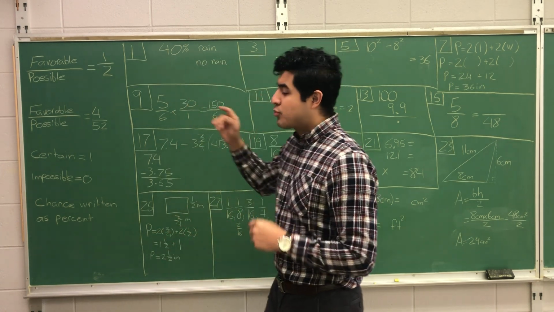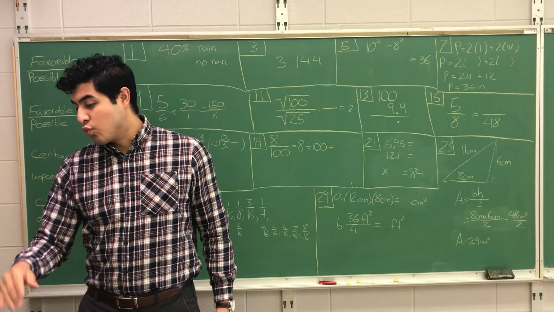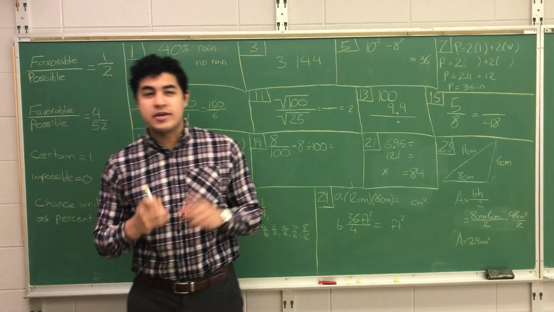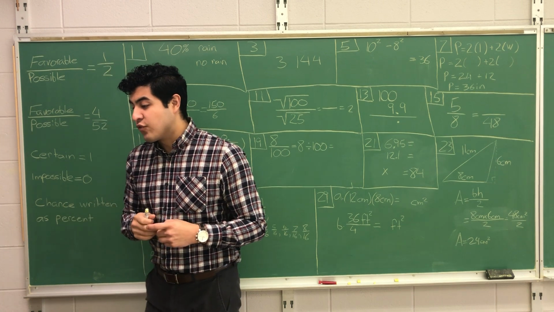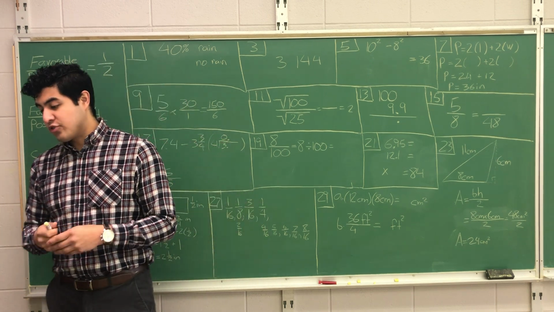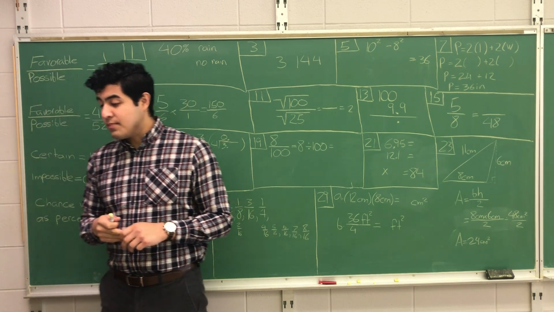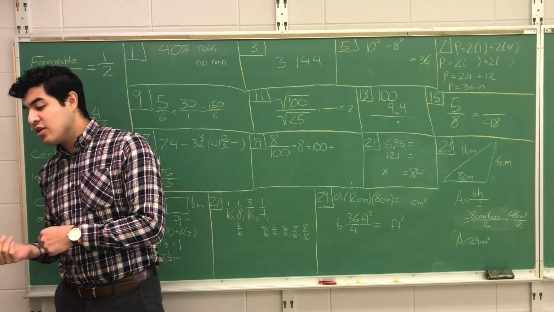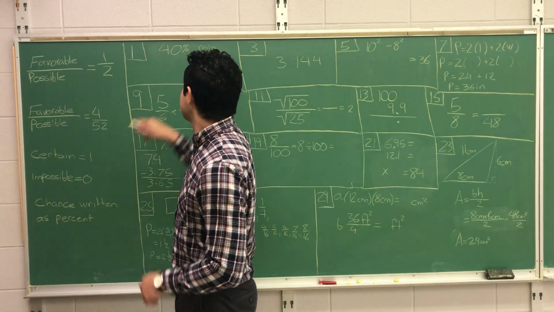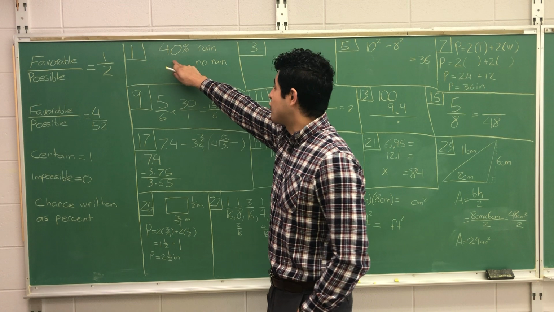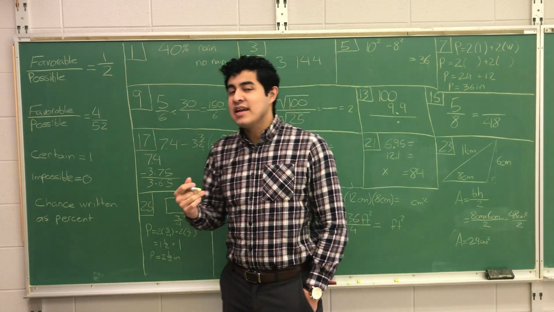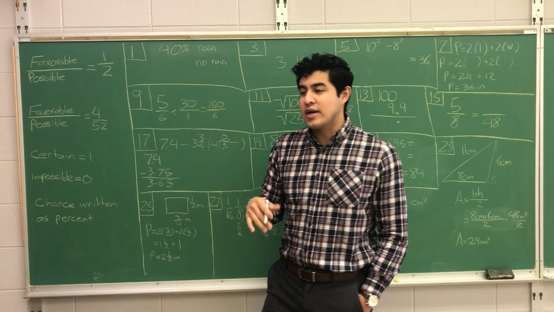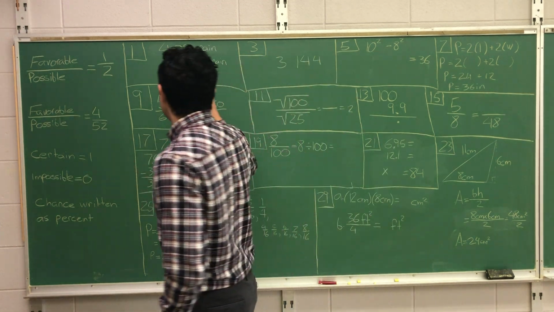All right, let's jump right into problem number 1 on page 441. The weather forecast stated that the chance of rain for Wednesday is, again, 40%. Does this forecast mean that it is more likely to rain or not to rain? Well, let's see what the chance of no rain is.